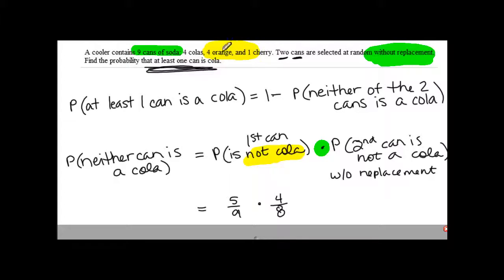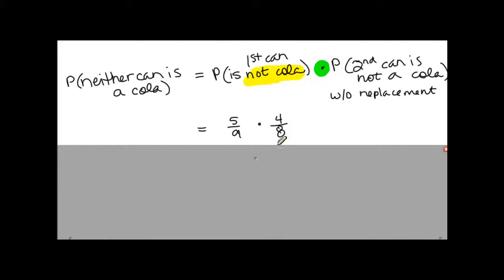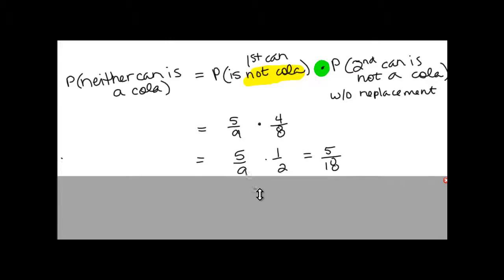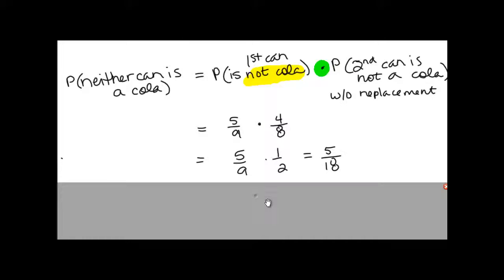So now not out of 4, out of this 5, out of the 4 orange and 1 cherry, which was a total of 5, we've taken 1 of those away, which leaves me with 4 sodas that are not colas out of now a total of 8 since we took that 1 away. We can reduce that. 5/9 times 4/8 would be 5/9 times 1/2, or 5/18.